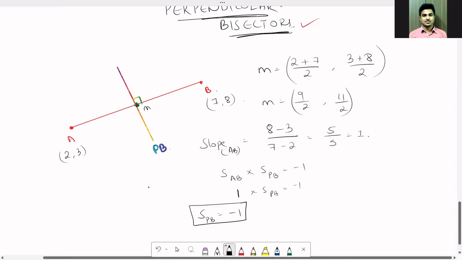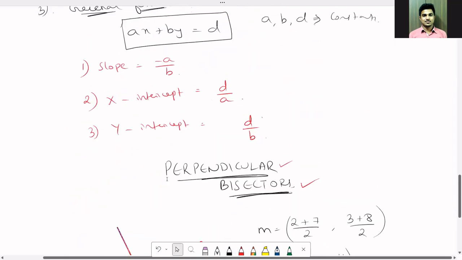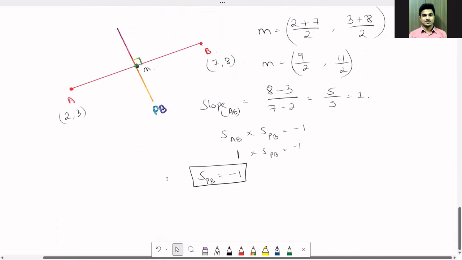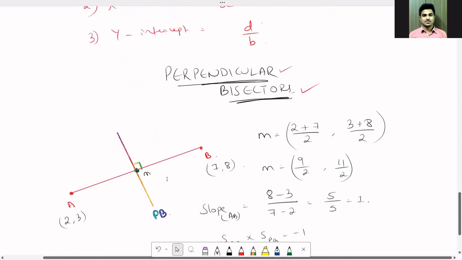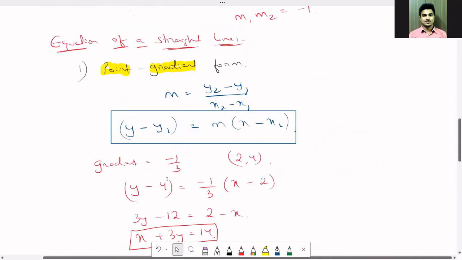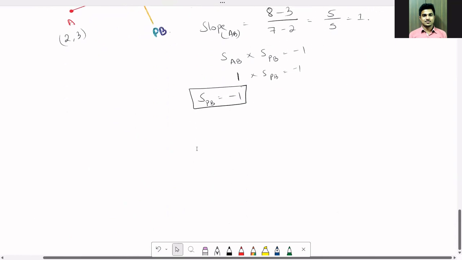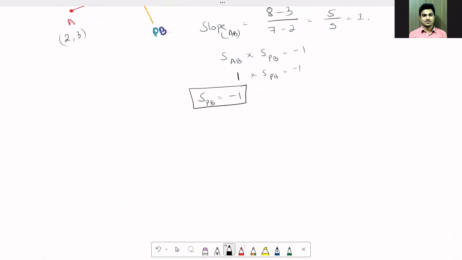Okay, so to construct any line using the three methods, over here I have two pieces of information with me. I have the slope of the given line and I have a point through which the line passes. So I can very conveniently use the point gradient form. So what does the point gradient form tell me? The equation of the line will be y minus y1 is equal to m times x minus x1.